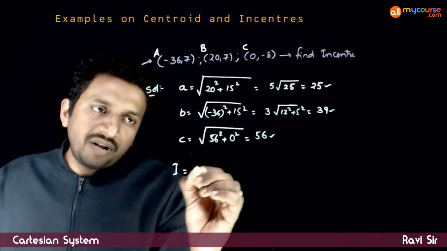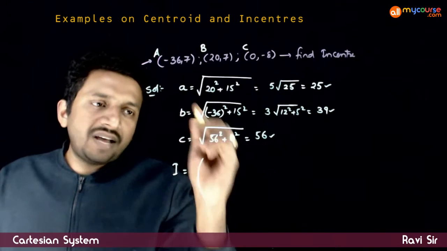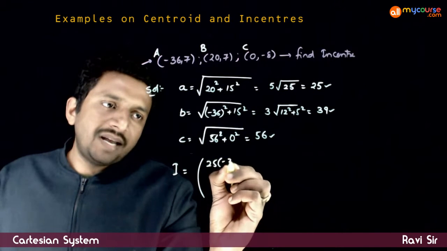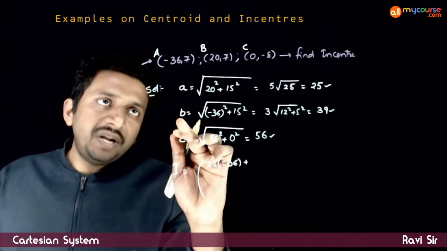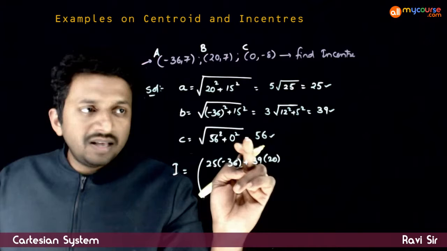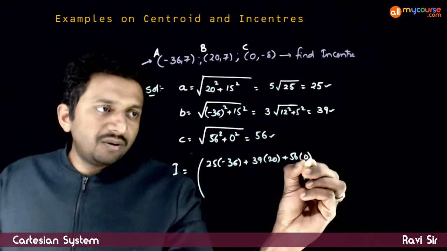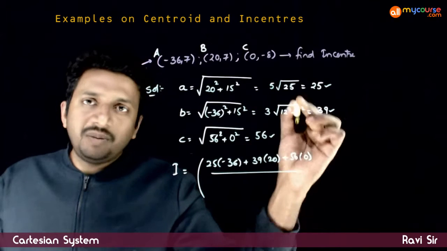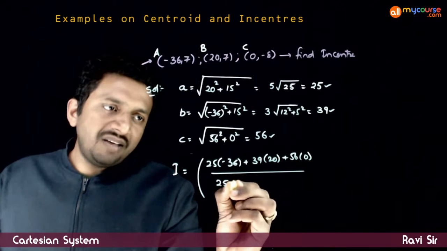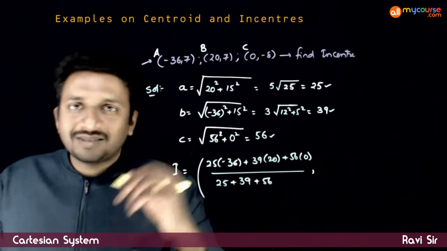Now the formula for the incenter is a times x1, 25 times minus 36, plus b times x2, 39 times 20, plus c times x3, 0, divided by a plus b plus c, 25 plus 39 plus 56.